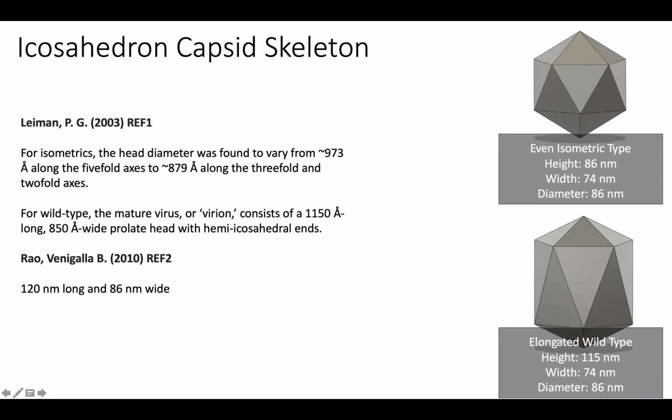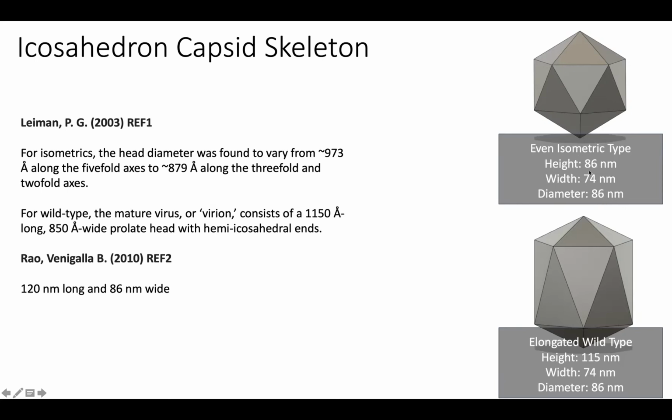The width is defined as the widest vertices in the pentagon plane of this one or this one, and it is 74 for the isometric icosahedron, and the diameter is the same as height.